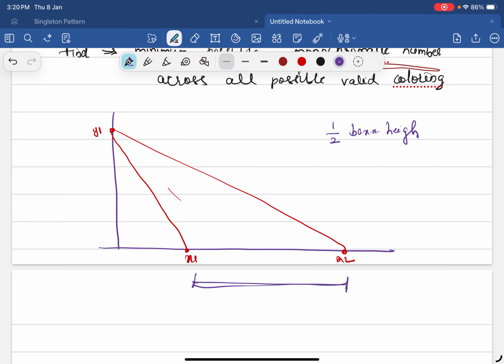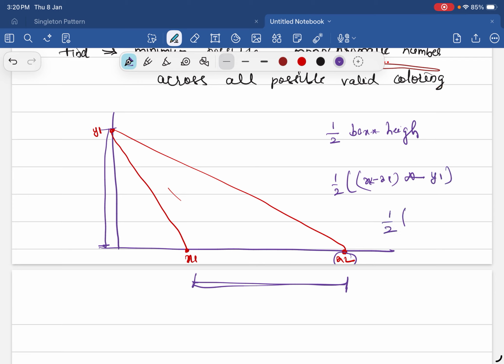So what is this length? x2 minus x1. So it will be half x2 minus x1 into what is my height? This is my height, which is y1. Then the area will be half x2 minus x1 into y1. So this is the area of the triangle.